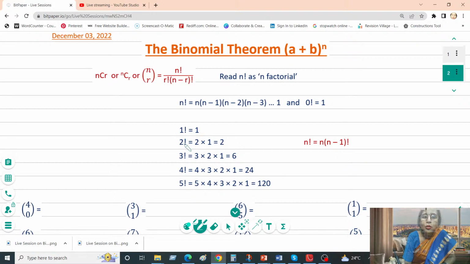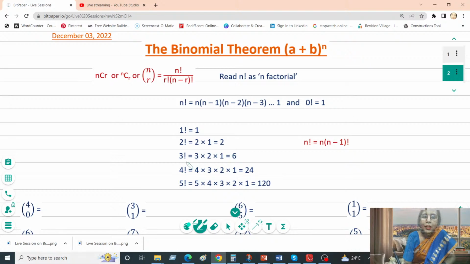When n is equal to 2, that is 2 factorial, you start with the n value as 2 and then go on decreasing the value by 1 until you reach 1, and the numbers get multiplied. So 2 times 2 minus 1, which is 1, and we stop. 2 times 1 is 2. So 2 factorial is equal to 2.